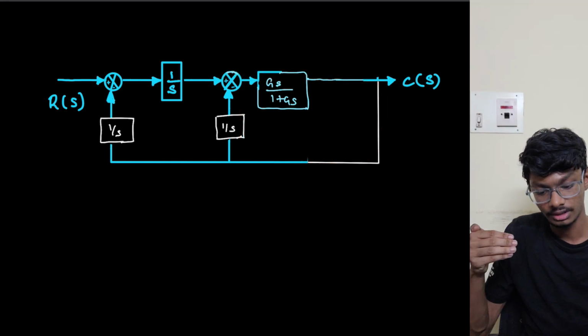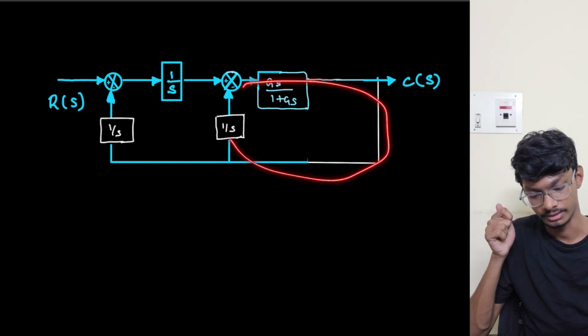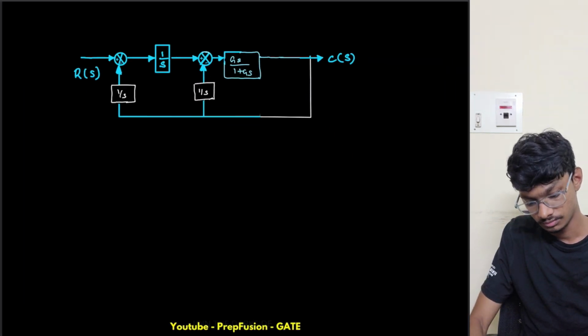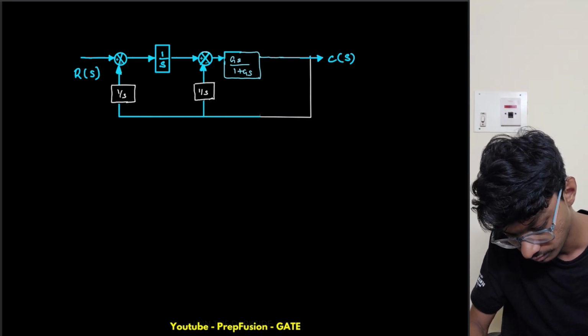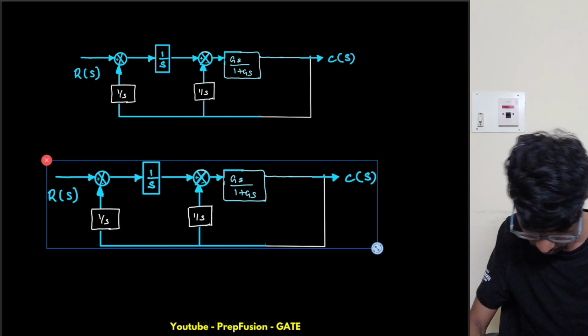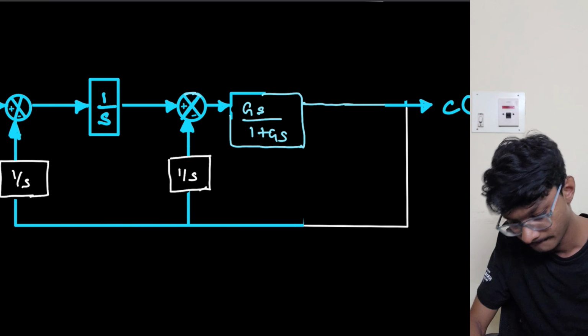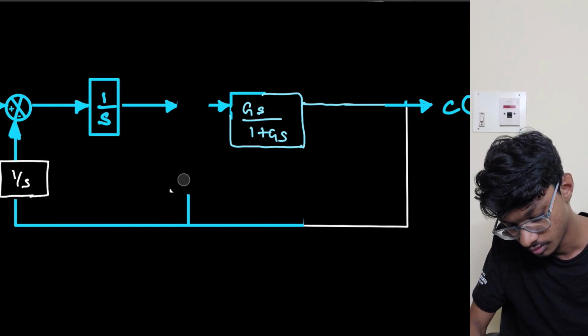Okay, so what I can do is replace this with a single block, because this is a negative feedback here. So again copying this one, deleting this subtractor.